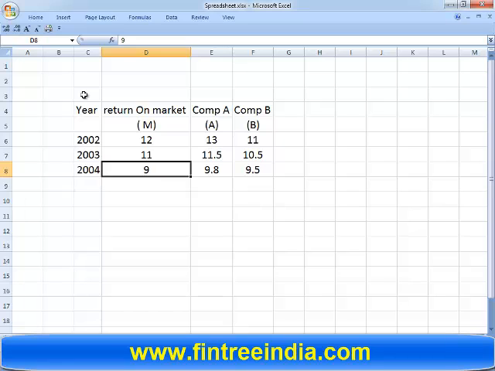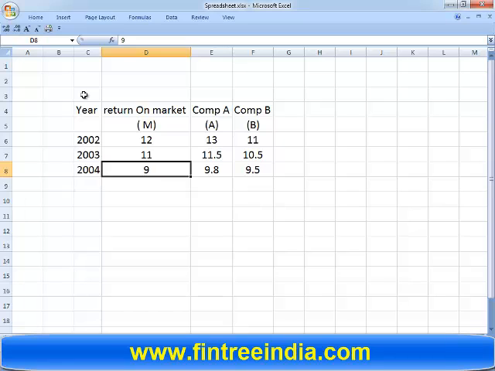N, x minus x bar, y minus y bar by n. So we are going to need two covariances, one between m and a, which will help us calculate beta between m and a, one between m and b. So what are we going to need? We are going to need m minus m bar, a minus a bar, b minus b bar. Then using this data we can calculate covariance.